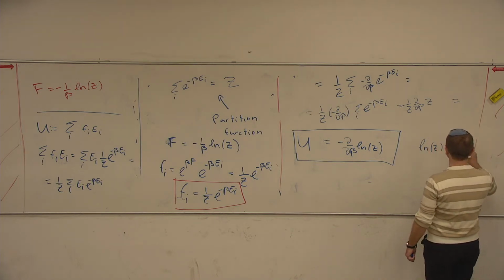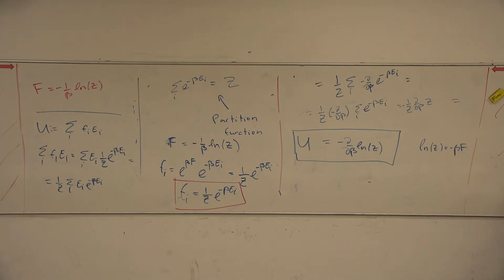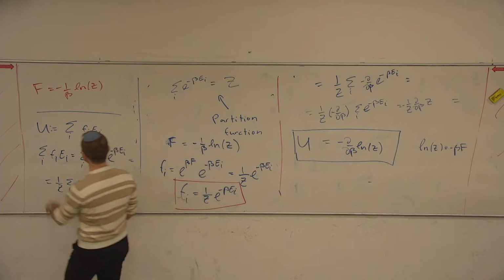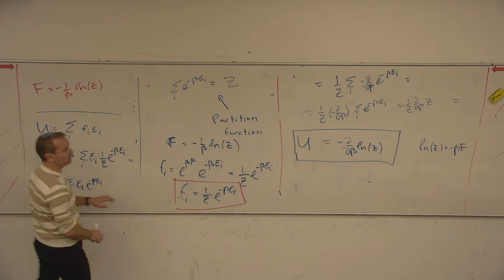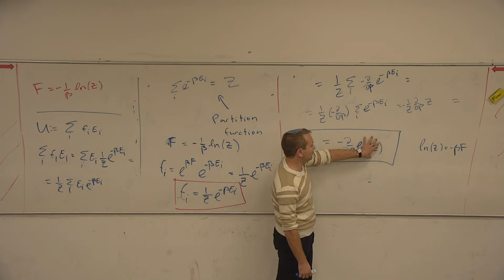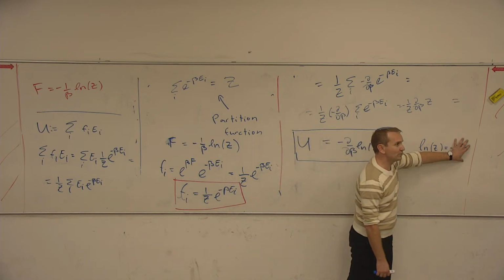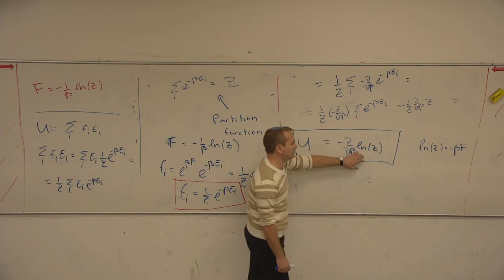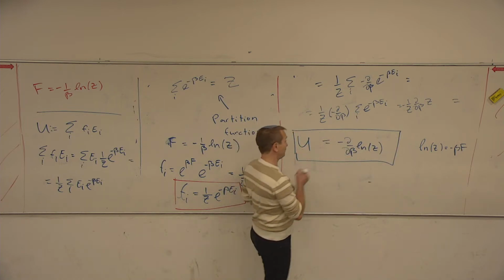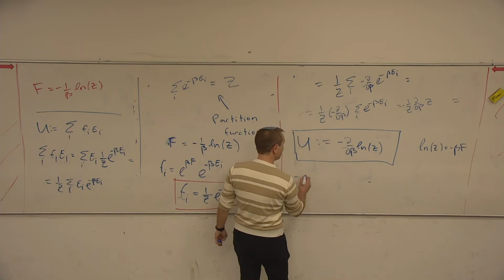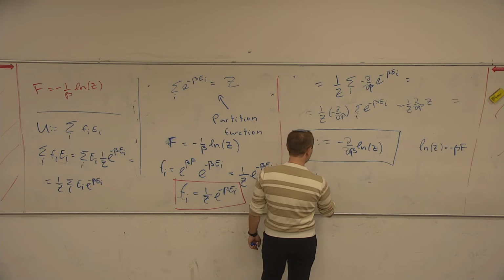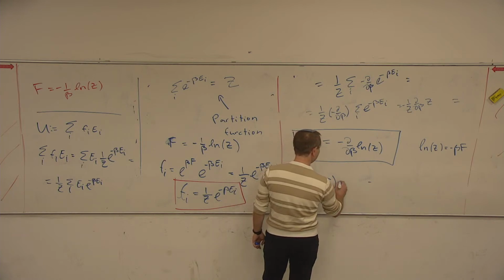Minus beta F. So in order to achieve something, we need to take this and show that if we put inside log of Z minus beta F over here, we eventually come to the fact that U equals U. Okay, let's see.